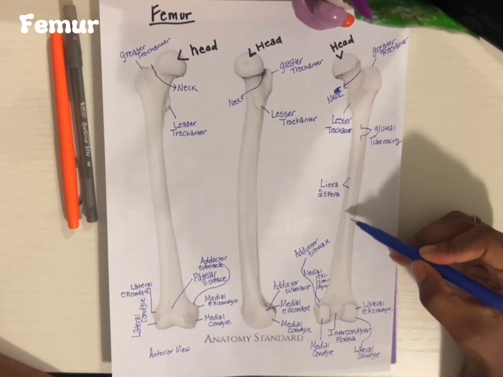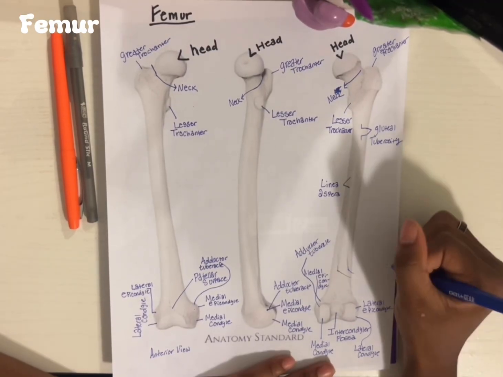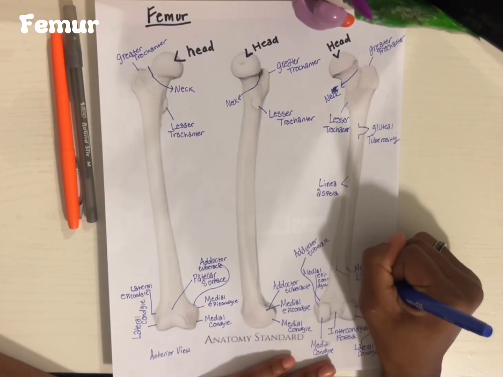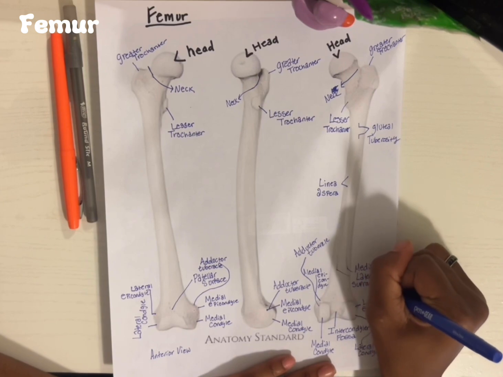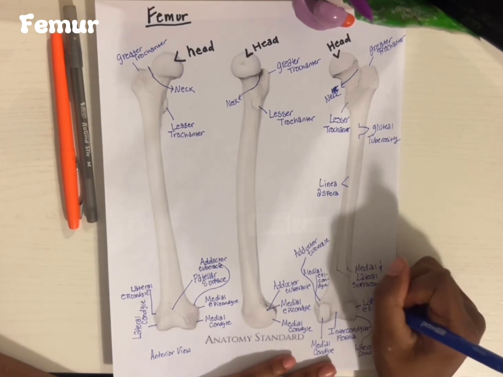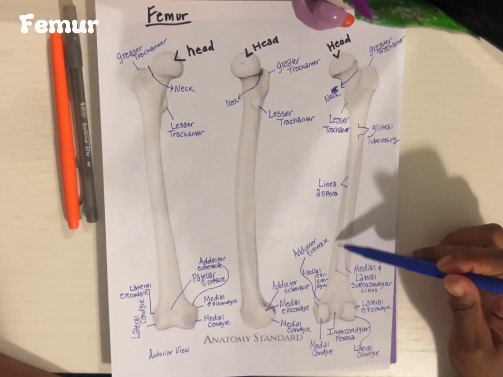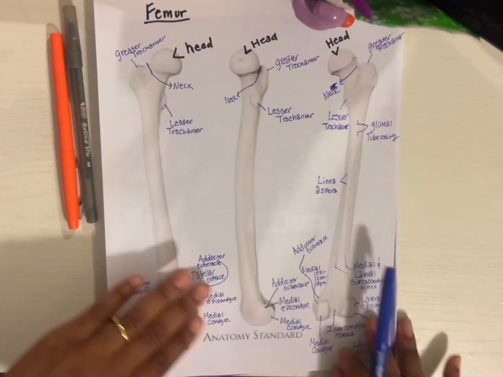So on the posterior view of this femur, these lines right here are the medial and lateral supracondylar lines. And that's it for the femur.